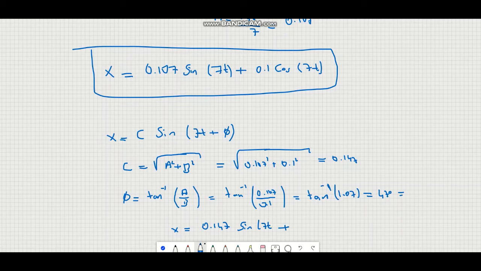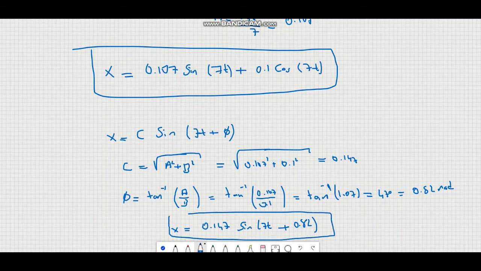It's about 0.82 radian. We know that pi is equal to 180 degrees, so you can calculate 47 and find 0.82 radian. So you write 0.82 here instead of phi, and we find our equation in this form as well. Okay, so we solved our first equation for free vibration.